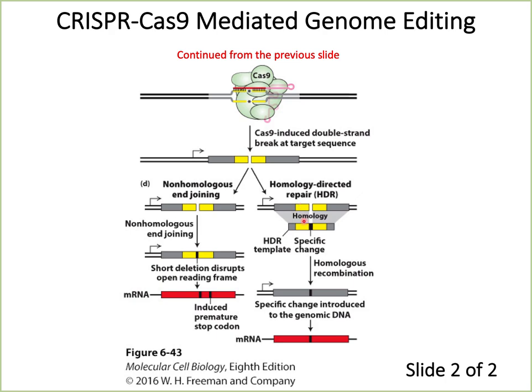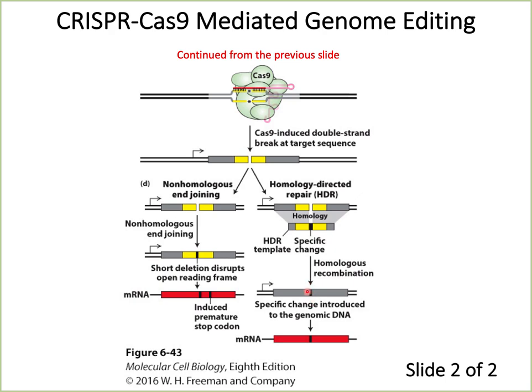When you transfect the cell lines or the animal with both of these, you will have this homologous recombination. That means this specific portion can go into the gene, taking that black edited part, which could be as long as 100 base pairs, into the gene.